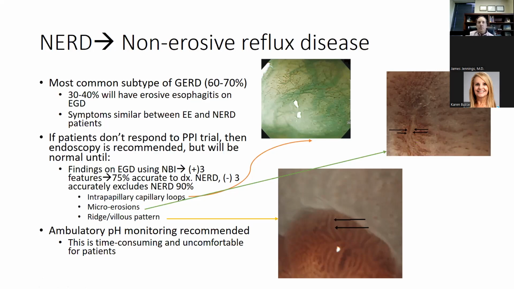Could they have gastroparesis? Could they have a pulmonary issue? And so on and so forth. This may be more favorable to diagnose this subset of patients because the patients are completely asleep for an EGD, as opposed to pH monitoring where they're awake and they have a catheter up their nose.